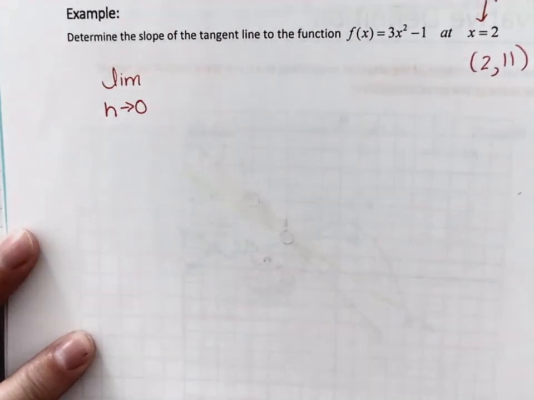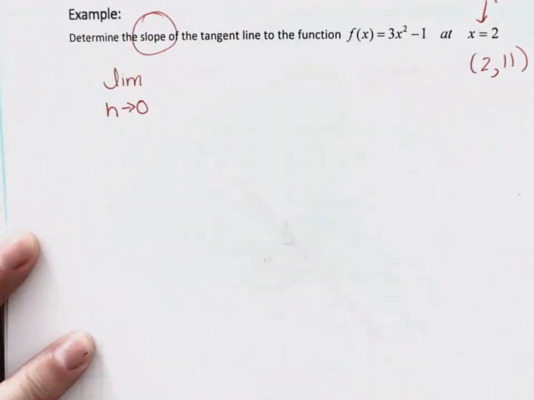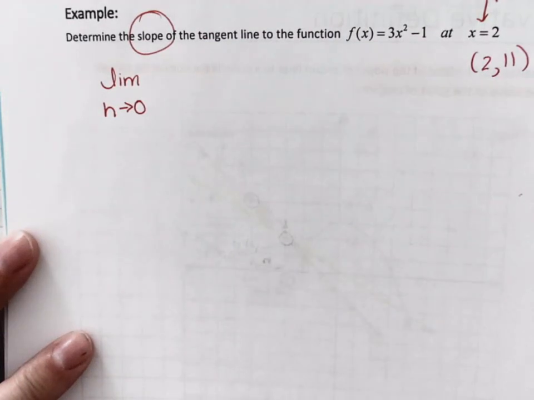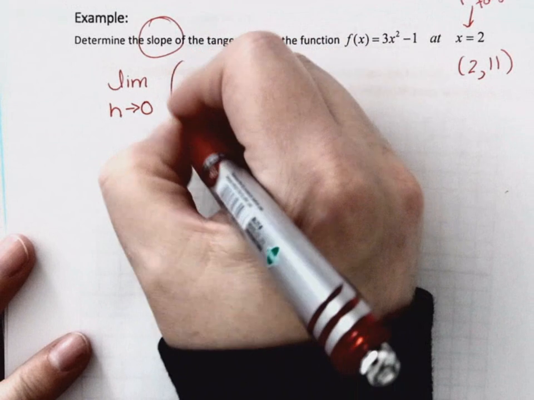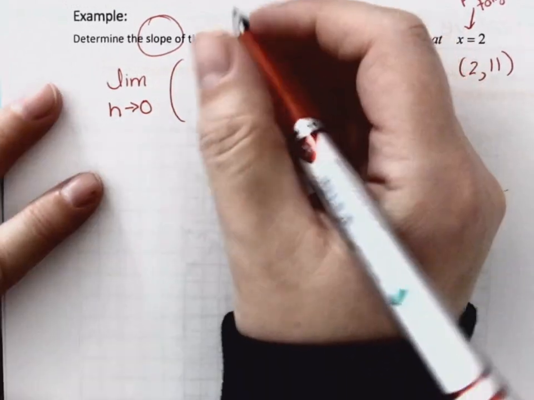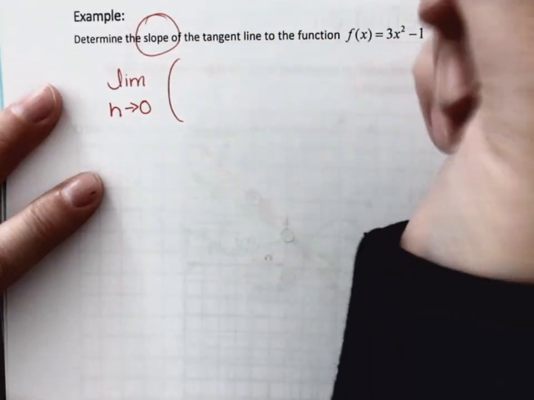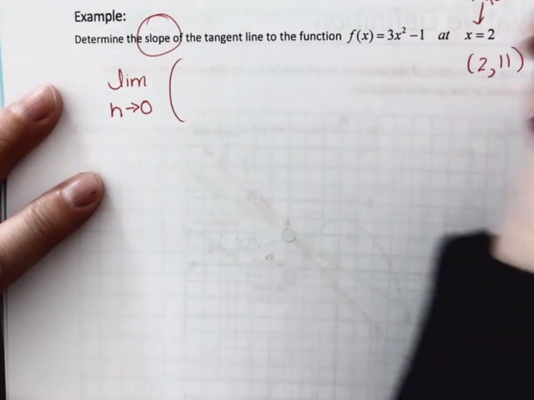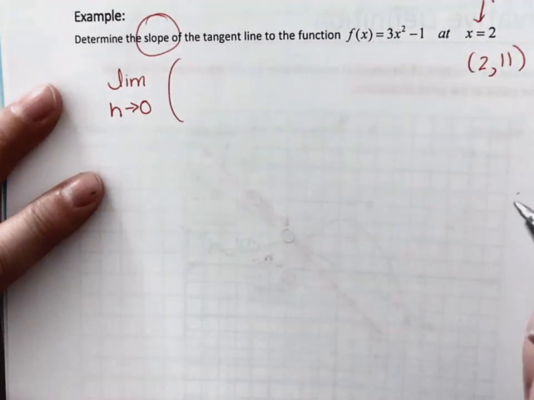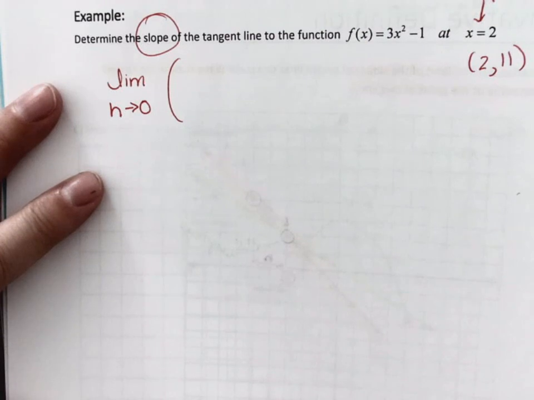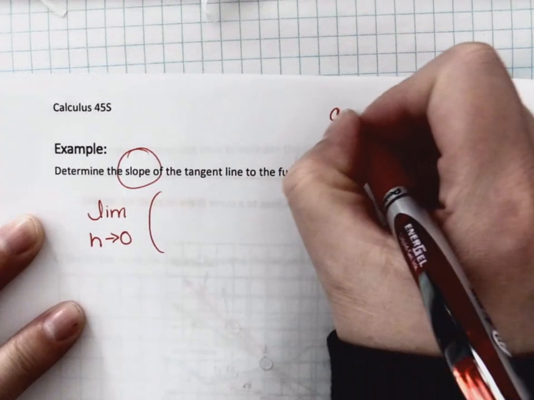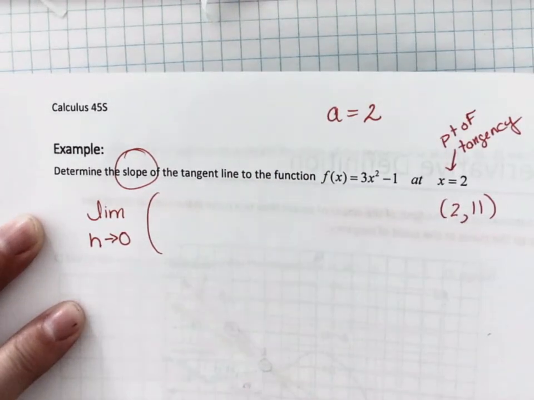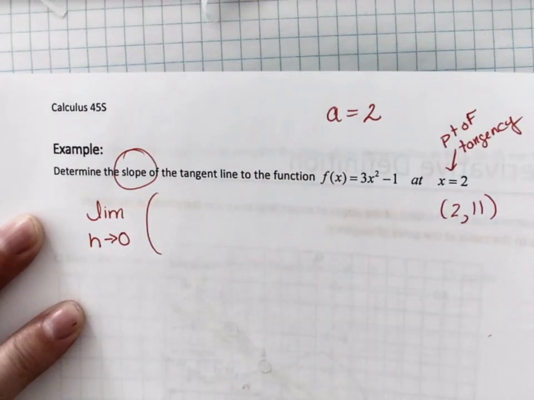And so now we're looking for the slope. So what's the slope formula? Okay, so we know that our point of tangency, I'm wondering what the best way to write this is. Okay, we know our A value is 2, because that's our point of tangency.